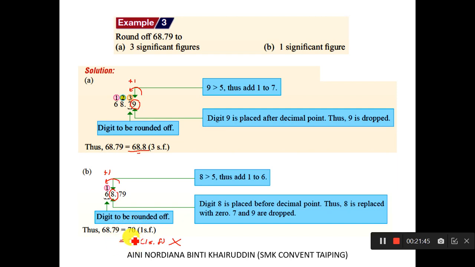If you only pay 7 ringgit, this one not valid lah. The price is 68, so how come you want to pay 7 ringgit? So maybe you want to pay 70 for easier for you to pay and easier for the seller, no need to give you balance. This is for example. I really hope you understand.